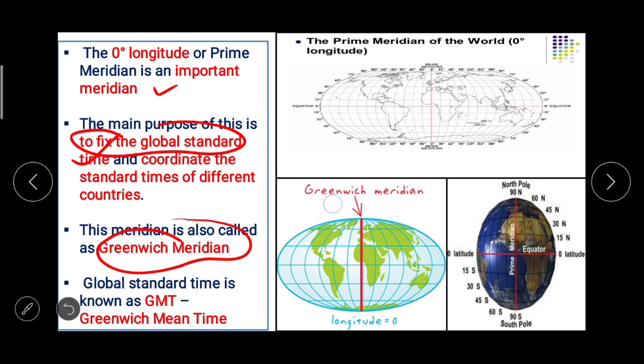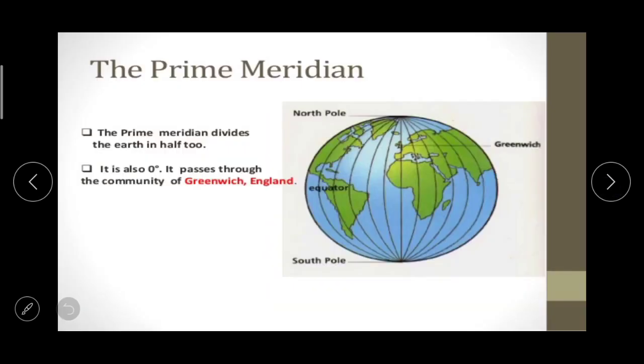Here you can see in the image. Here also. Then the next thing, the 180 degree meridian is also important. From the prime meridian, other meridians are marked east and west up to 180 degrees.